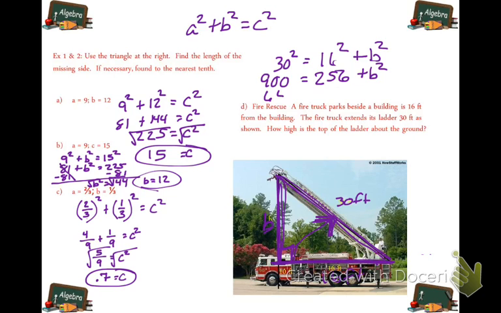And it's 644 equals B squared. Again, we need to get rid of the square, so I'm going to square root it. So square root of 644 equals 25.4, so B equals about 25.4.